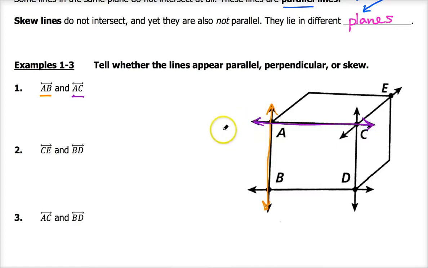By appearance, we can tell these lines are intersecting because they both contain the point A, so they're definitely not parallel, and they can't be skew if they're intersecting either. Remember, parallel and skew lines, neither of those intersect. They appear to intersect at a right angle, so the best option for these lines would be perpendicular lines.